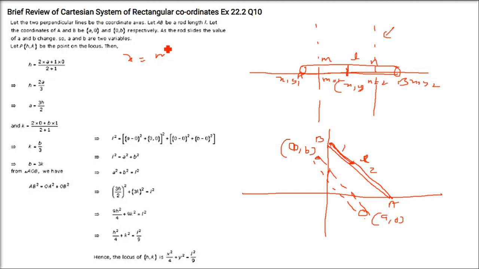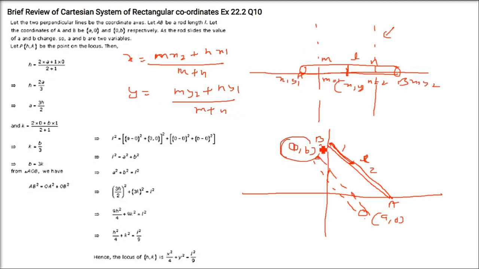The section formula is used like this: (m x2 + n x1) by (m + n). Here m and n are 1 and 2, and the endpoints are (0,b) and (a,0). Alternatively, you can take m and n as 2 and 1, and the endpoints as (a,0) and (0,b). It depends on how you take it.